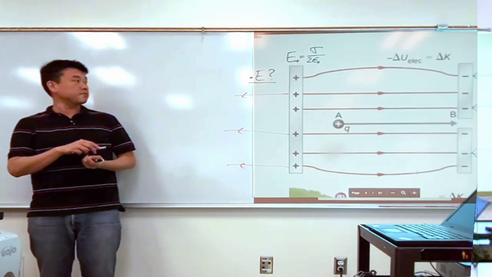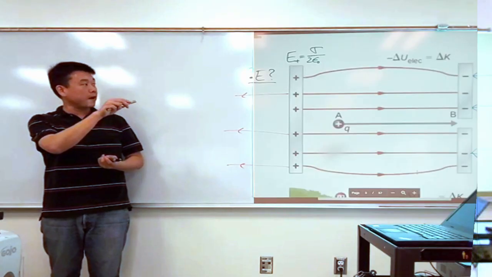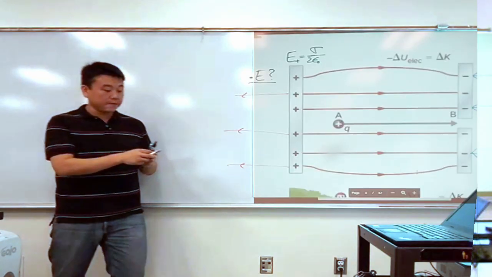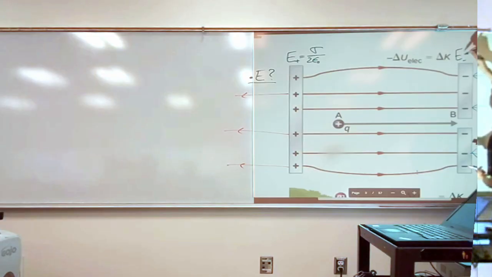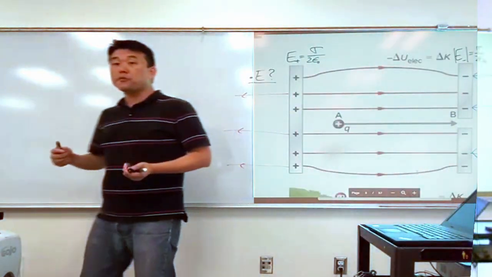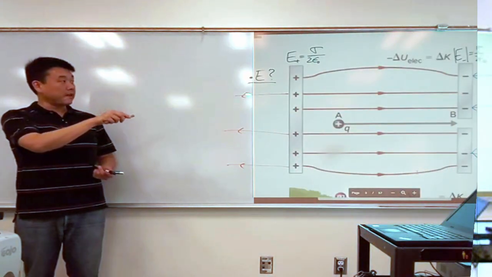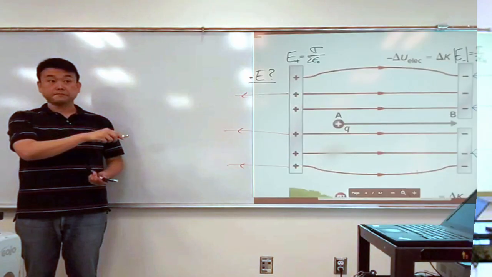What does the superposition principle say about how to find the electric field here? If you already know the electric field due to these two sources, they have the same electric field magnitude. So what does the superposition principle say about what the electric field here should be?